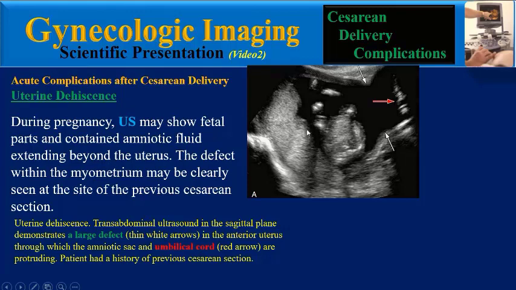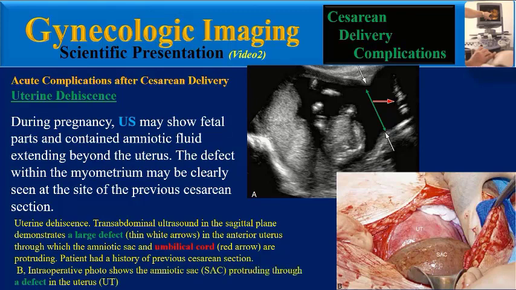This sagittal ultrasound image demonstrates a large defect in the anterior uterus through which the amniotic fluid and umbilical cord are protruding. The patient had a history of previous cesarean section. This intraoperative photo shows the amniotic sac protruding through a defect in the uterus.